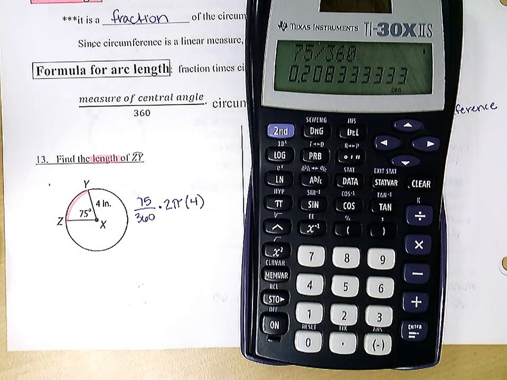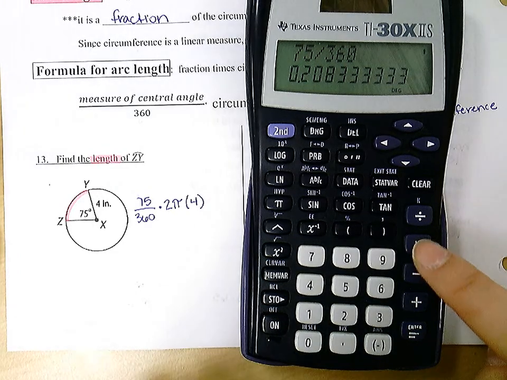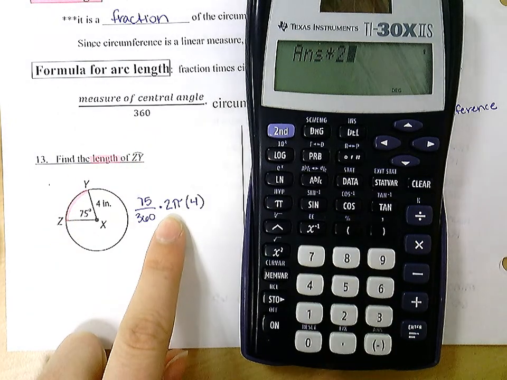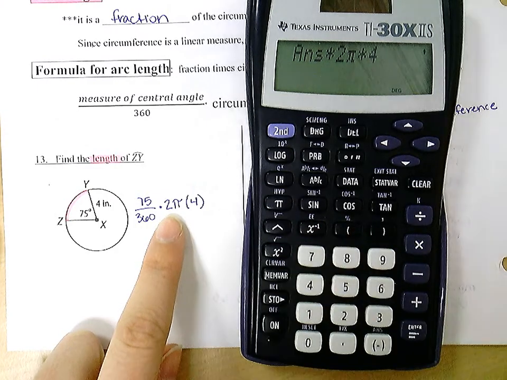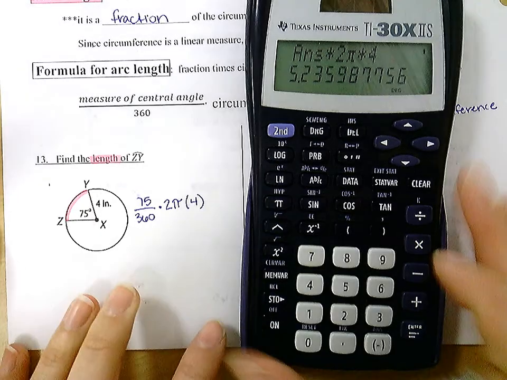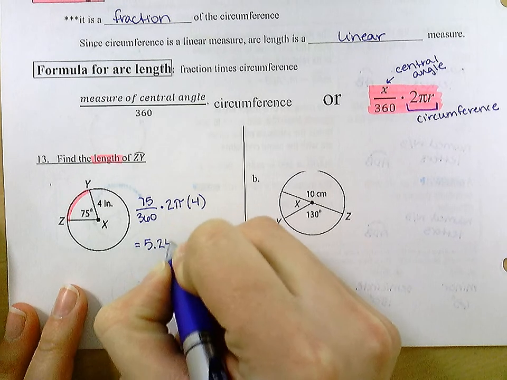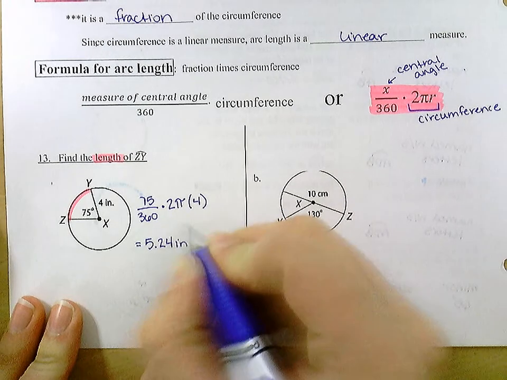I would do that part first, then not clear anything out, and just multiply right away by 2 pi and 4. You should get 5.24. Since my radius was in inches, my arc length should also be in inches.